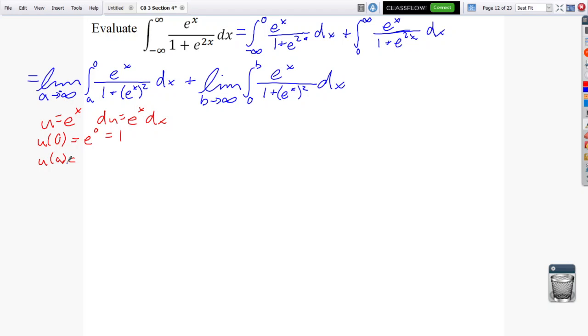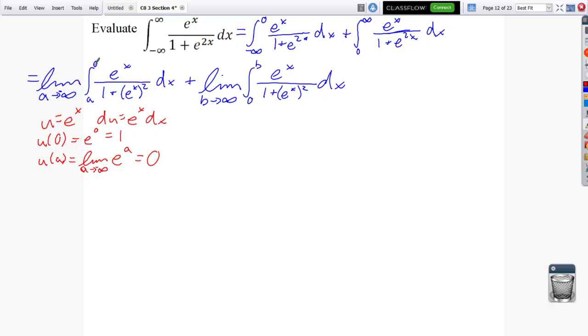Which leads me to what u of a is. Since we're talking about the limit as a approaches negative infinity, this will actually be the limit as a approaches negative infinity of e to the a. And we know that e to the negative infinity, again from all those problems that we just did, is equal to 0. So my new limits over here become 0 to 1.